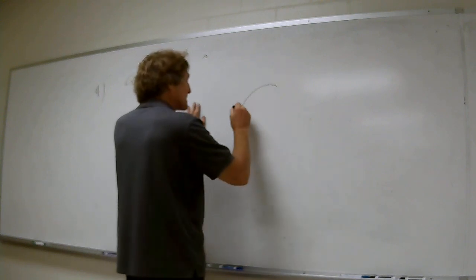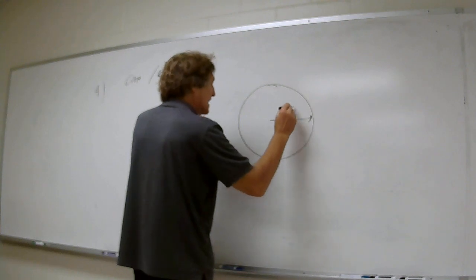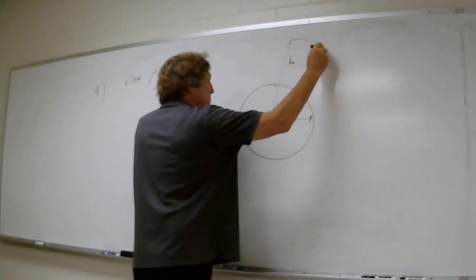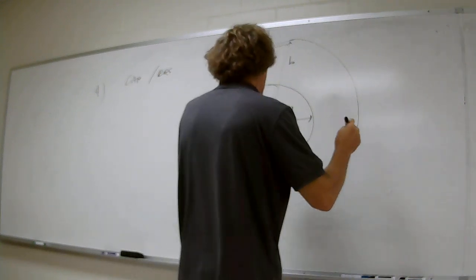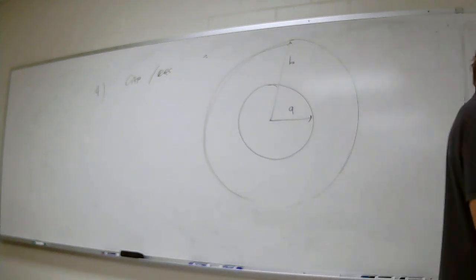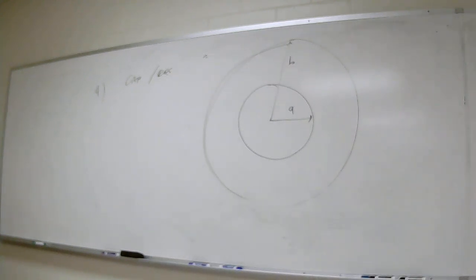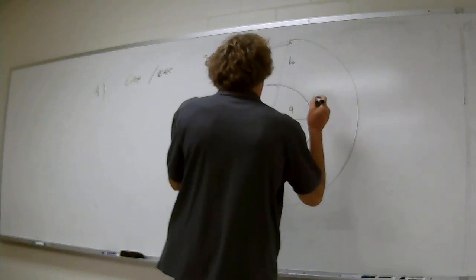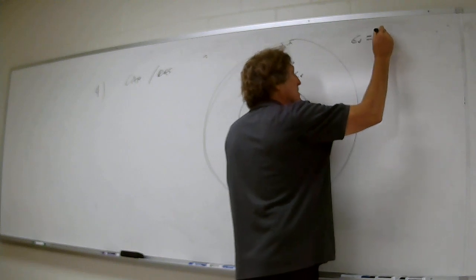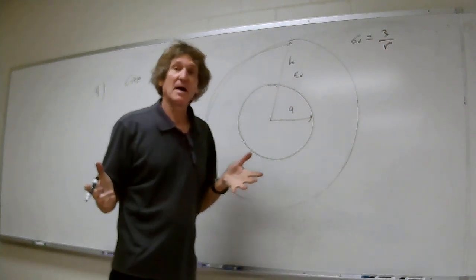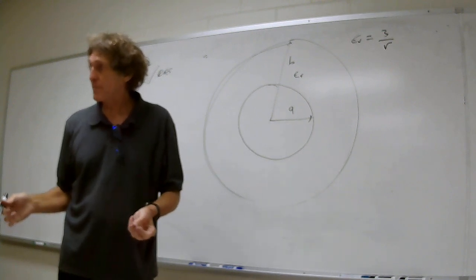It has an inner radius A, outer radius B, and it's filled with something that has a dielectric constant of 3 over R, a relative dielectric constant. You have to multiply that by epsilon naught. Y'all follow me? We get this.